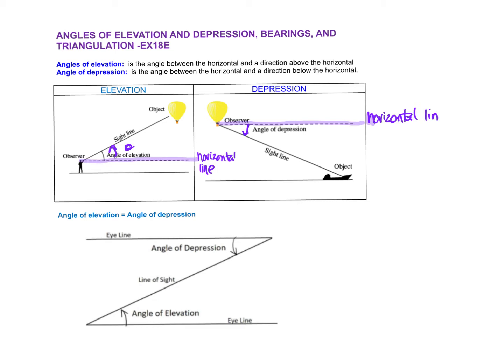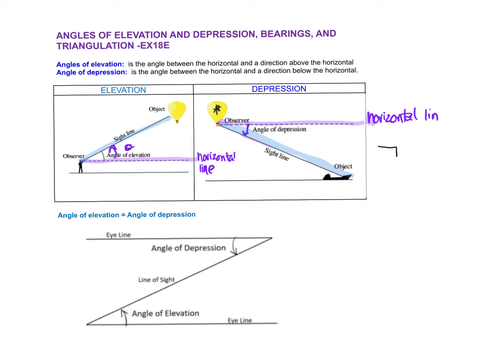So you can see we've got the balloon and then we've got the boat. The line that joins those two objects together is what we call the line of sight. So it's that line and the horizontal line. I'm going to show you because this is often what is incorrectly done.